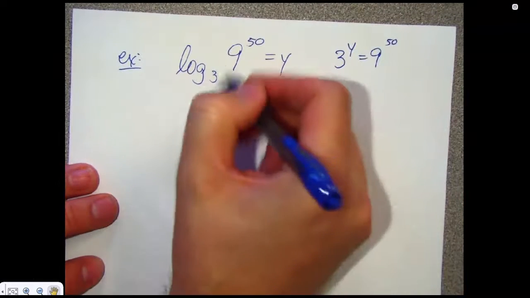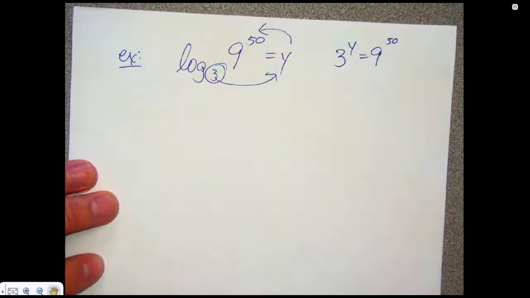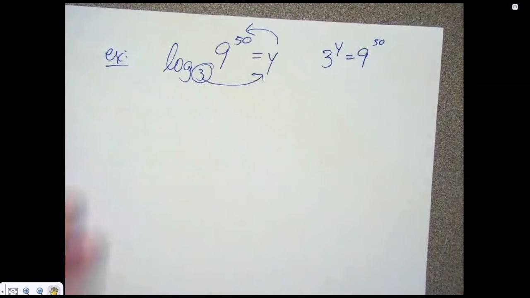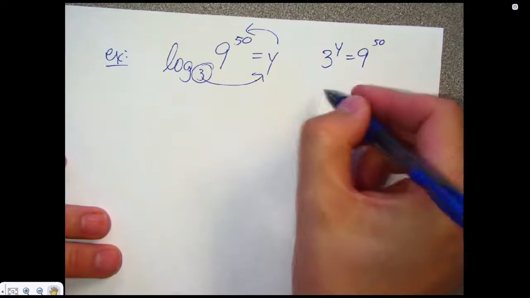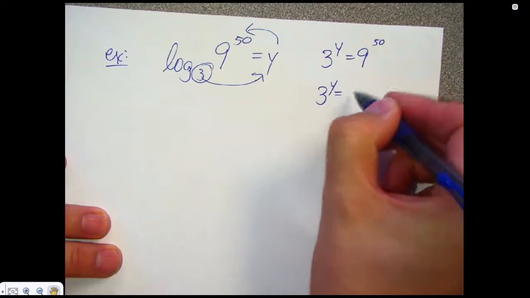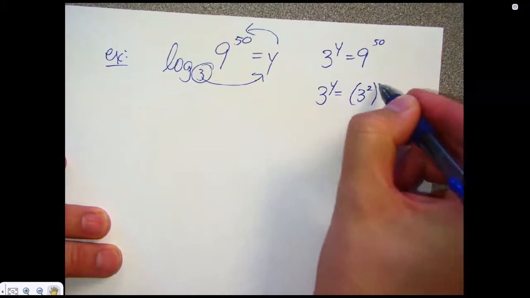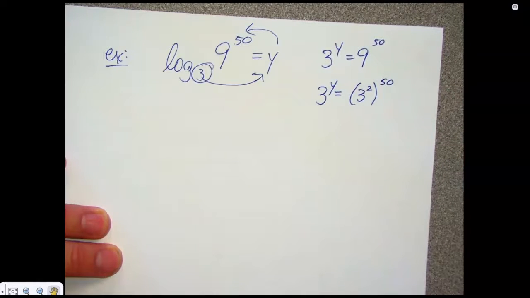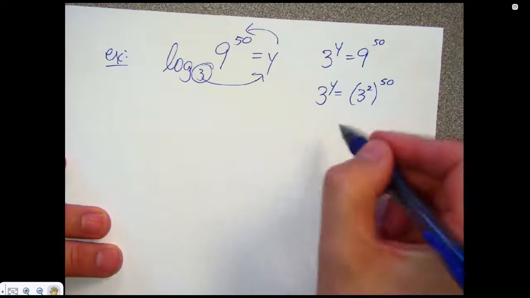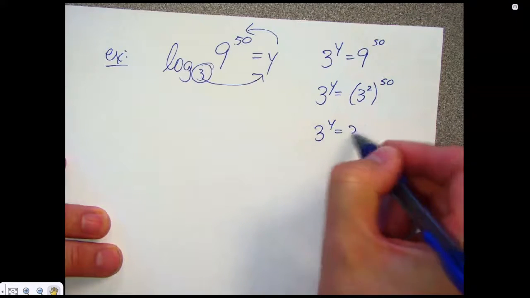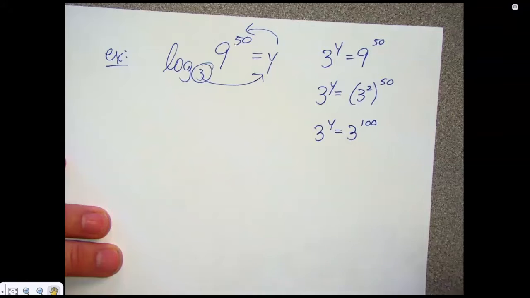Right, if I just work through my circle pattern thing here. And then I'll break them down into common bases. So this would be 3 to the y equals 3 squared to the 50th. And then what do you do when it's power to a power? So you multiply, so this would be 3 to the y equals 3 to the 100. And then they cancel out. And you would get 100.